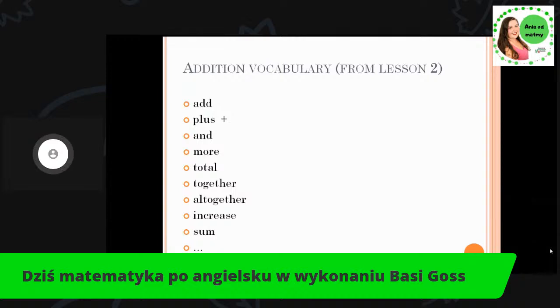And just to remind you the vocabulary from that lesson, we were talking about addition problems. And the words that we were using were add, plus, and, more, total, together, altogether, increase, and sum.